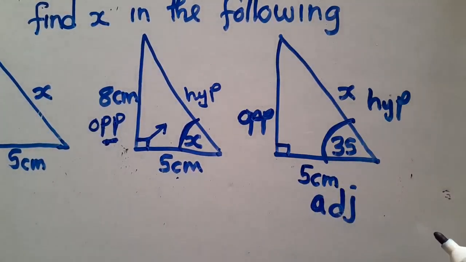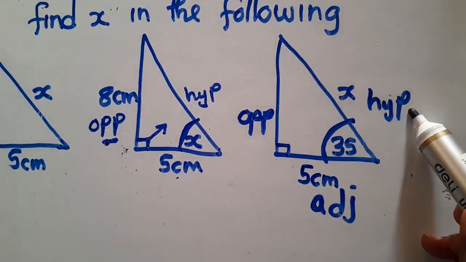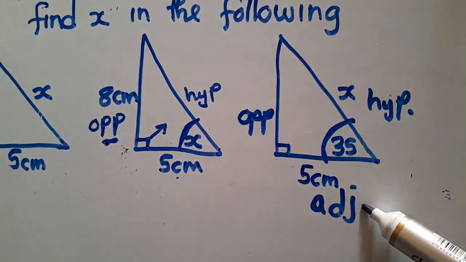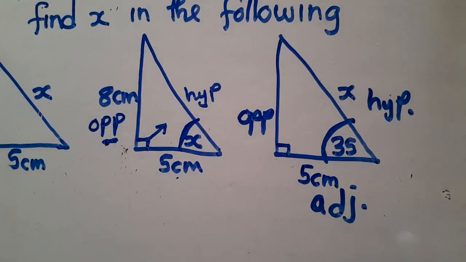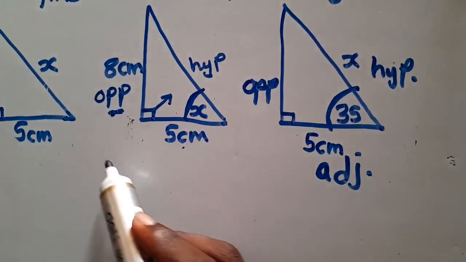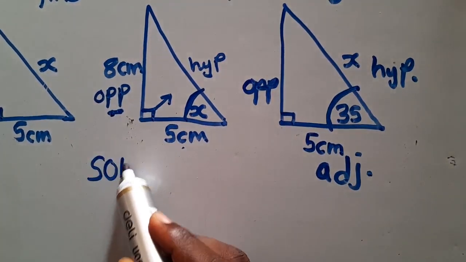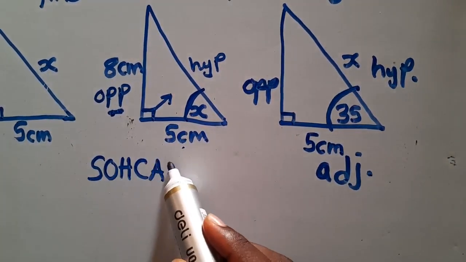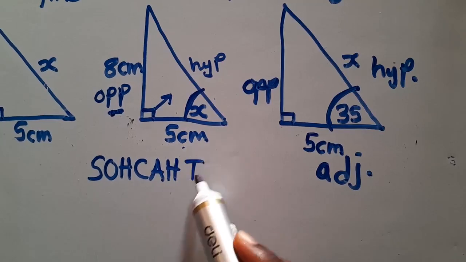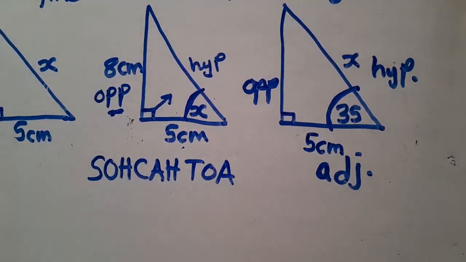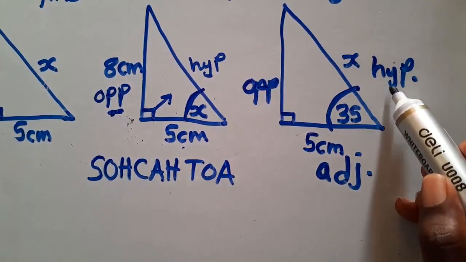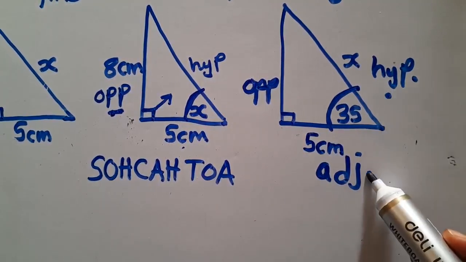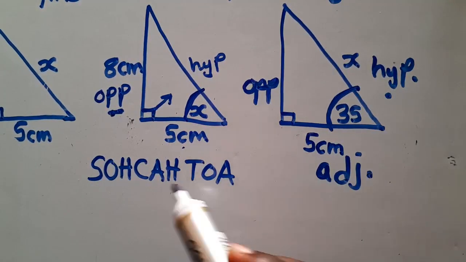You've got these 3 things. So what are you given? Hypotenuse and adjacent. This is what you are given. So when we look at this word called SOHCAHTOA, where do we have the hypotenuse and the adjacent?